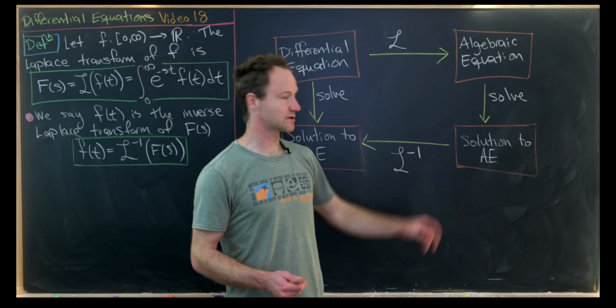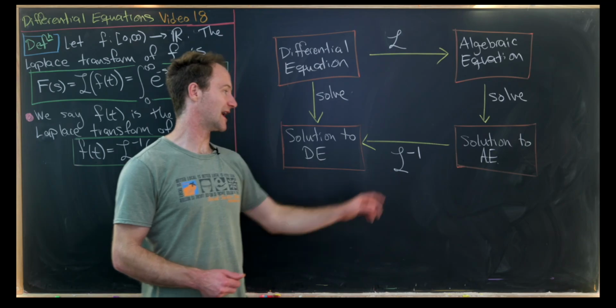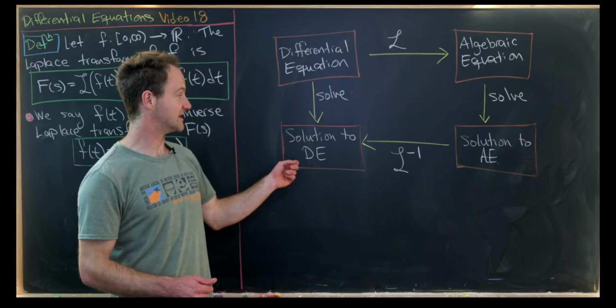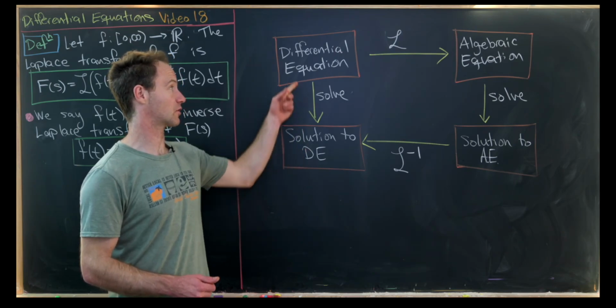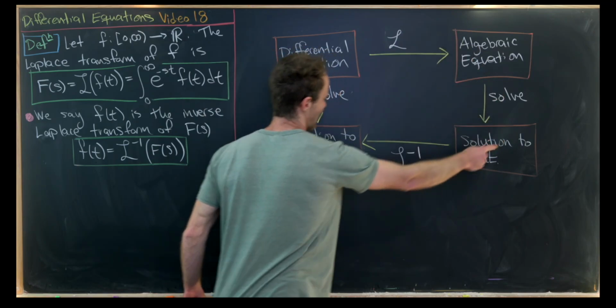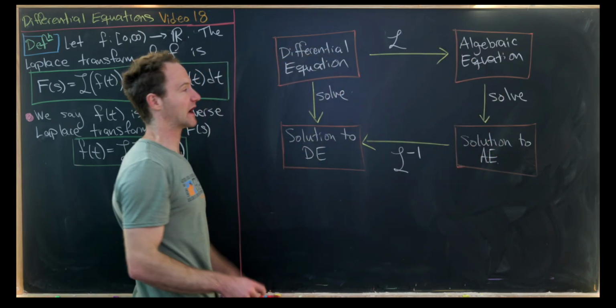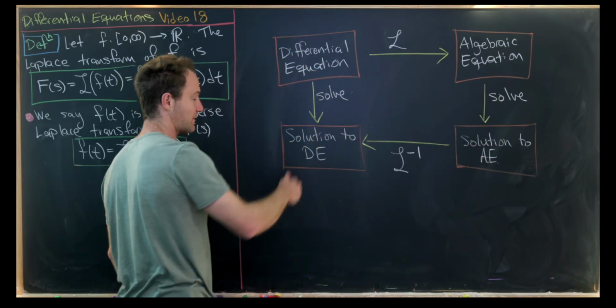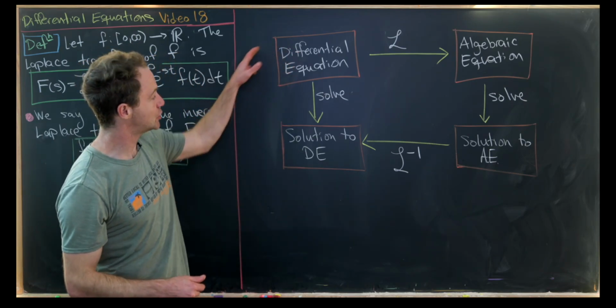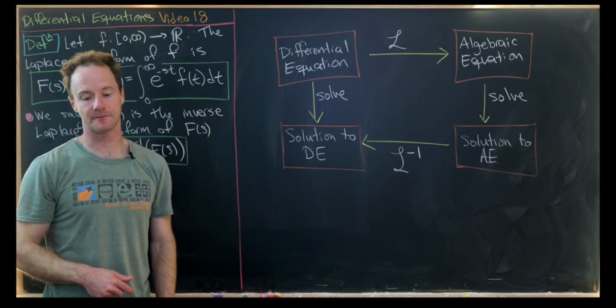Well, we could take that solution, apply the inverse Laplace transform, and what we'll end up with is a solution to our original differential equation. So by taking this path, which is maybe the long way around, versus this quick path, we're able to solve differential equations that would have been too hard to solve directly.